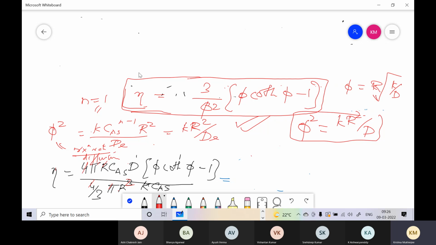I hope you realize that this phi square is equal to K CAS, this expression here, which we are now simplifying. What is K? First order reaction constant.